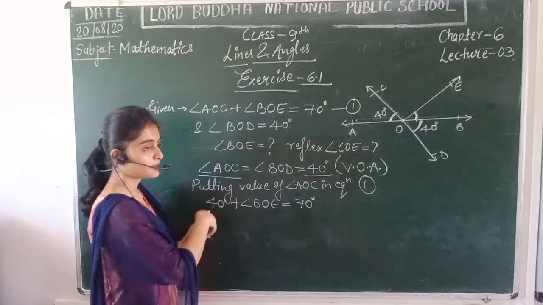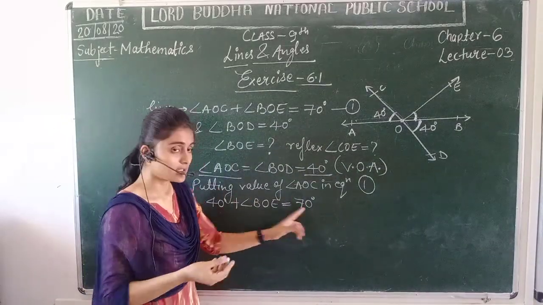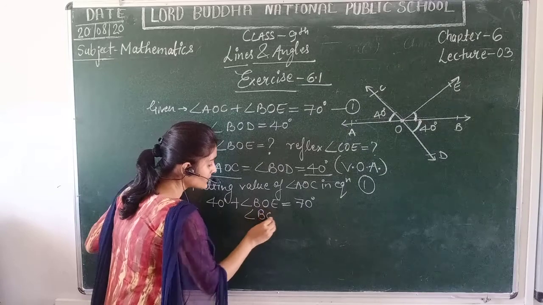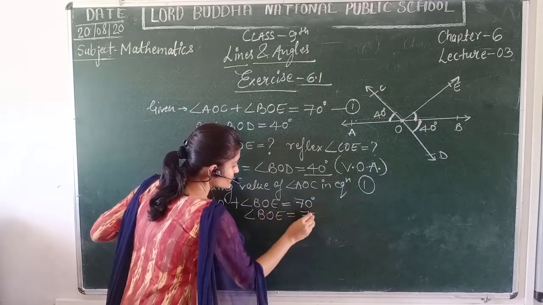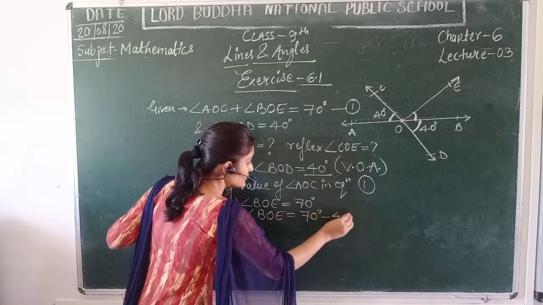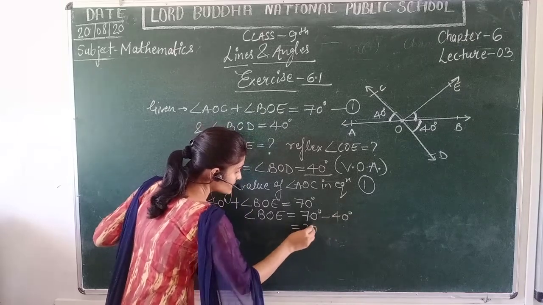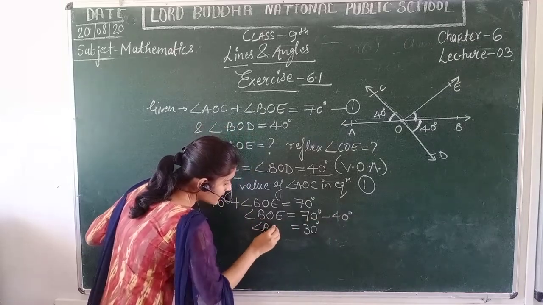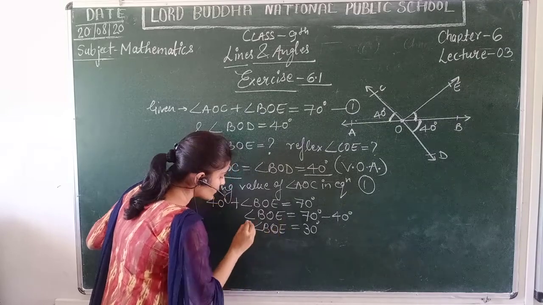Now this 40 will go that side, and that will now be subtracted from 70. So 70 degrees minus 40 degrees, you will get 30 degrees. So you have got the first answer, that angle BOE equals what?